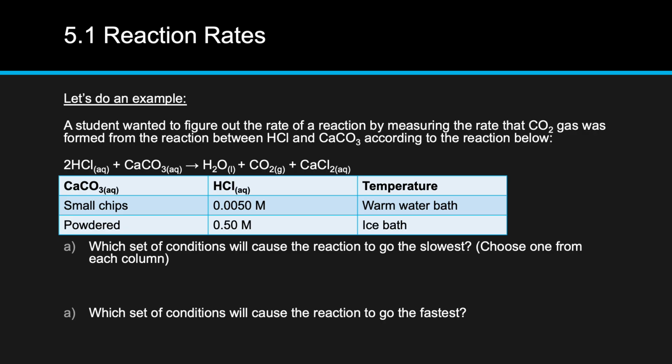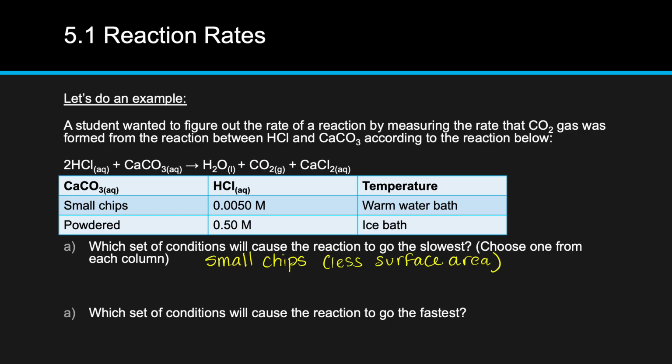Well, first let's start out with surface area. If we want a slower reaction rate, we talked about how increasing surface area is going to increase reaction rate. So if we decrease surface area, then we are going to decrease reaction rate. So we are going to want these small chips because those are going to have less surface area than the powdered.